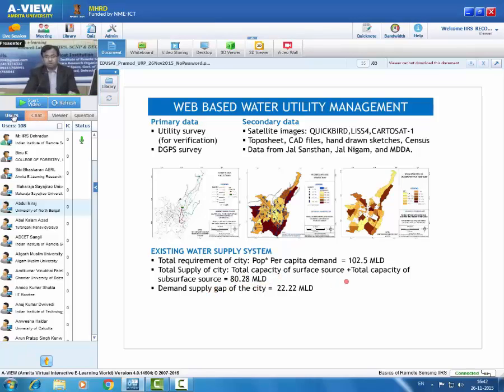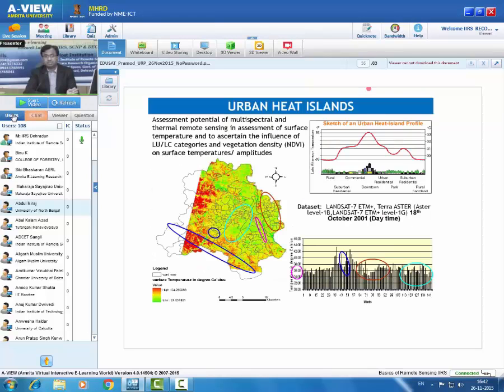We found the total requirement of the city was 102 million liters per day, and the supply as a whole is 80.28 million liters per day. Now this demand-supply gap is 22.22 million liters per day. So this way, as a whole or on a spatial basis, we can find out the supply and demand assessment.